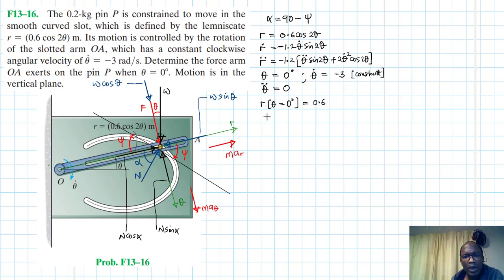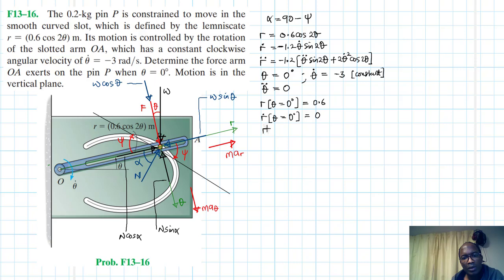And then we have r dot at theta equal to 0 degrees. This is just equal to minus 1.2 times theta dot, which is also a minus 3. Then sine, of course, 0. So all this is just 0.